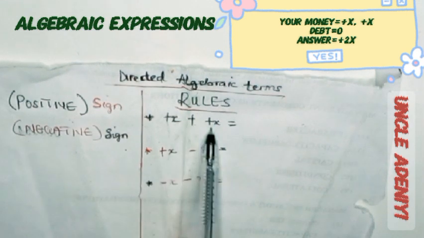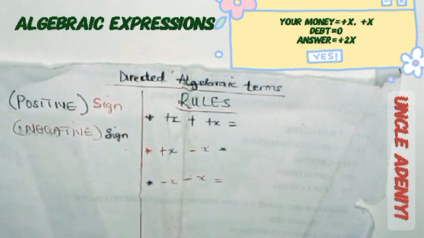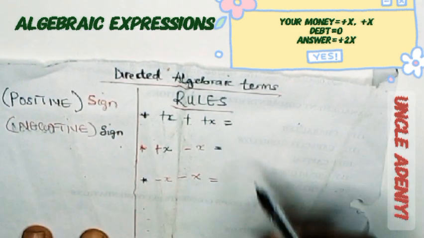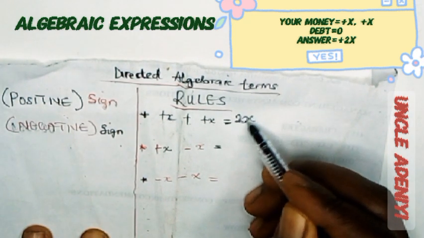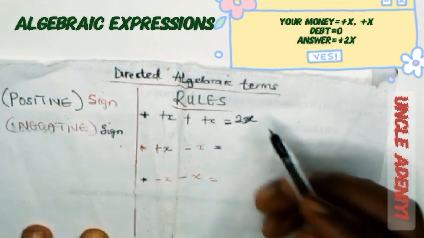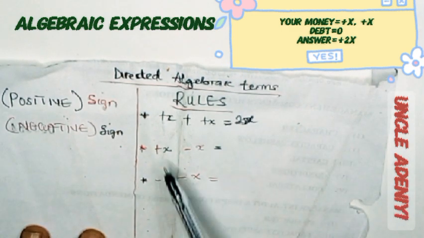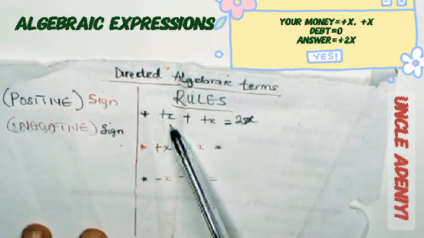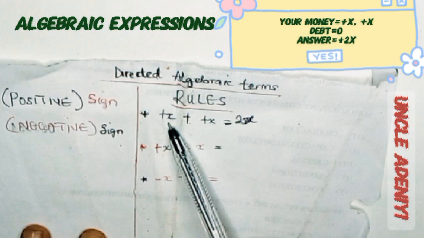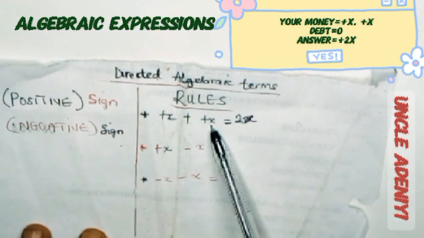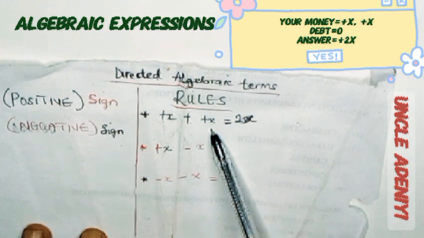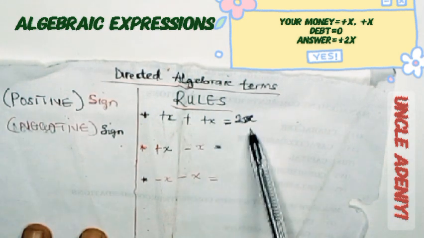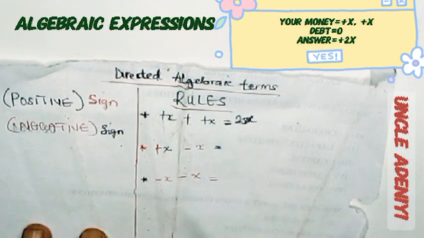So plus x plus x will give you 2x. Because this is 1x, then another 1x here. So plus x, which is yours, this one plus x is also yours. So you're having 2x that is for you now.